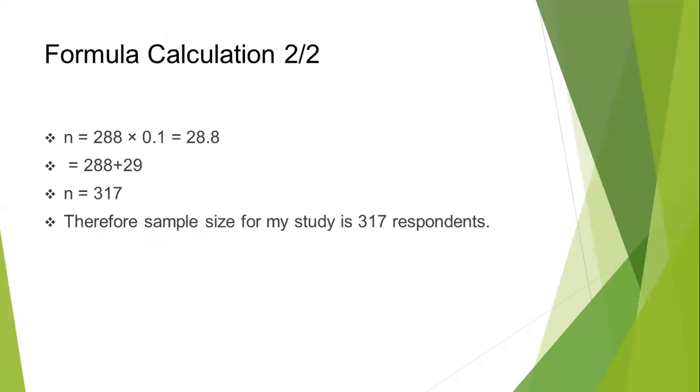So adding it back to 288, we'll get 317 as our sample size. Therefore, sample size for our RTS,S 3 coverage will give us 317 respondents.